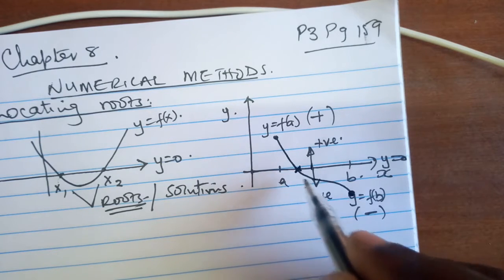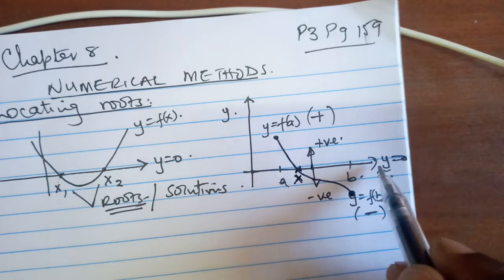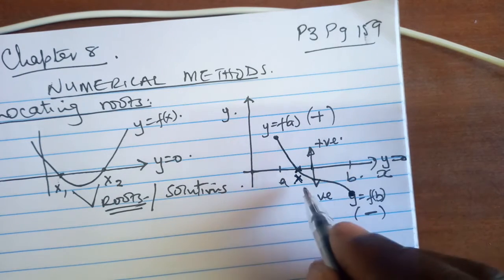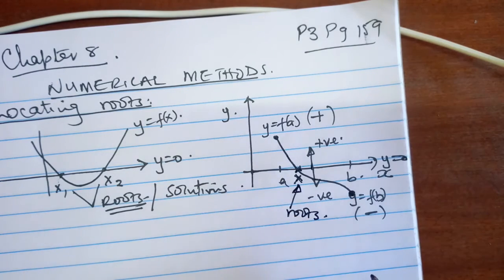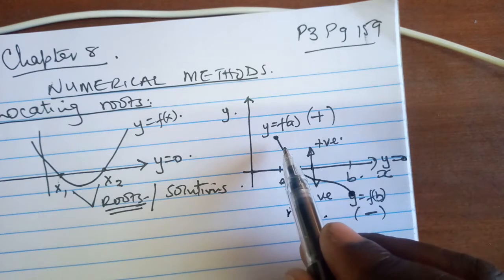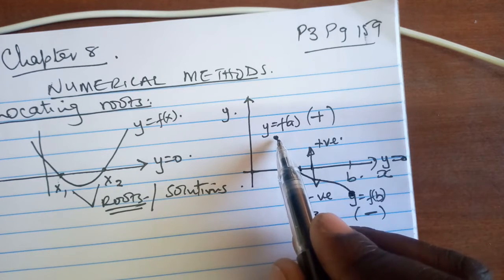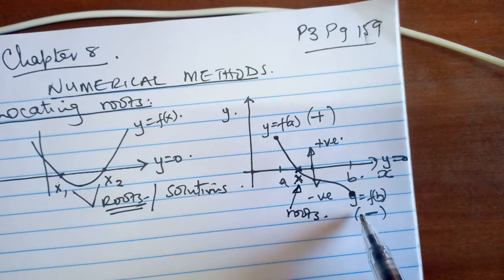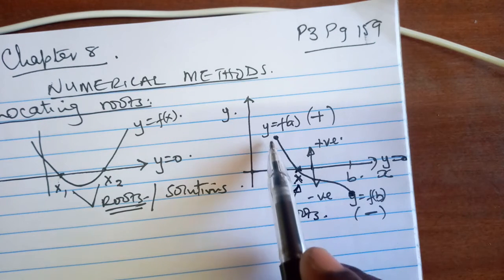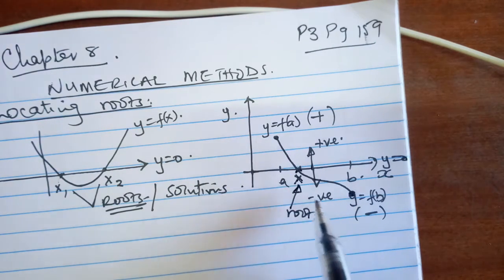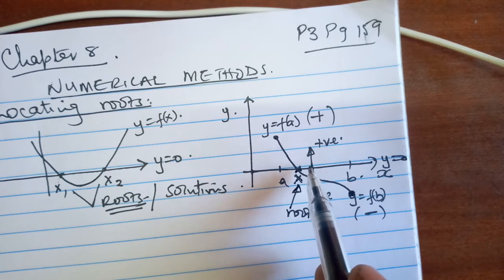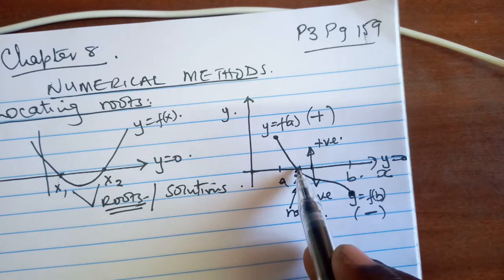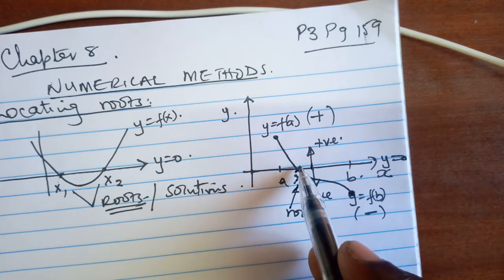You realize that there is a certain x there where the graph cuts the x-axis, and this happens to be the root of that function. The major thing is that there is where the value of y was positive, and there is where the value of y was negative. The fact that it has changed sign from positive to negative means it must have crossed the x-axis. In other words, at this particular point, f(x) was equal to 0.